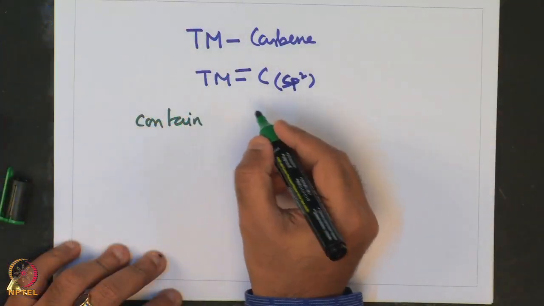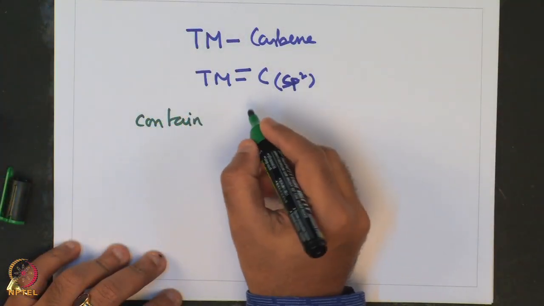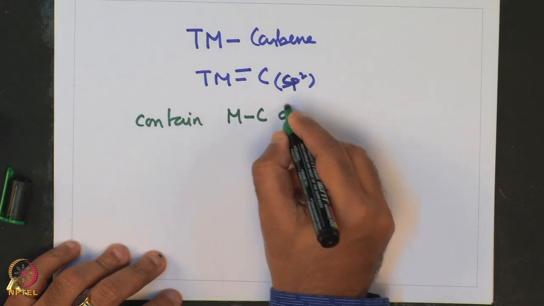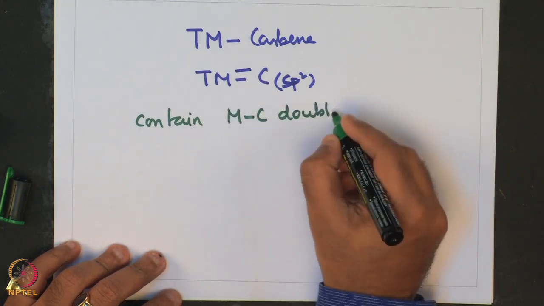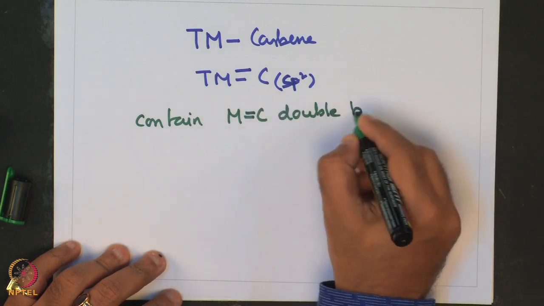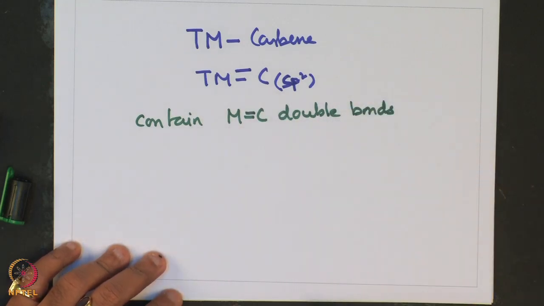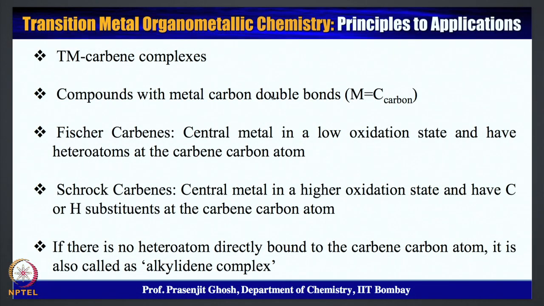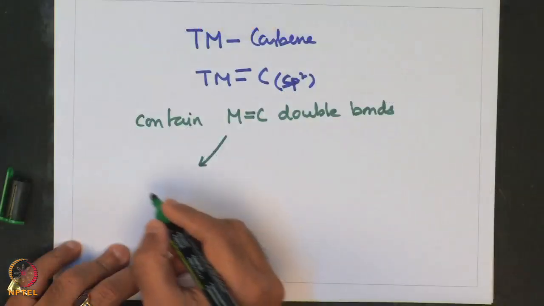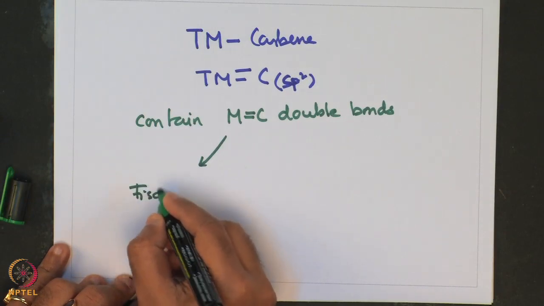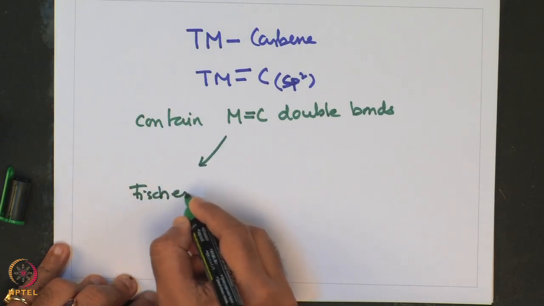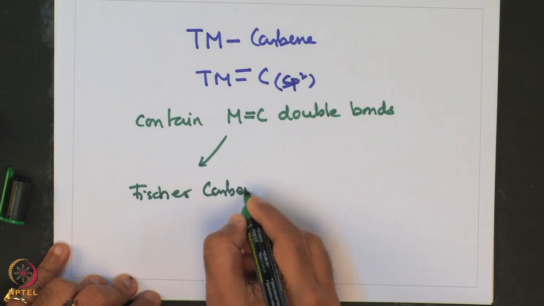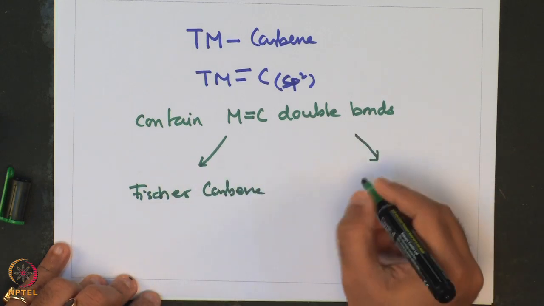So, these transition metal carbene complexes contain metal carbon double bonds, and they can be classified into two types. One is Fischer carbenes, and the other is Schrock carbene.